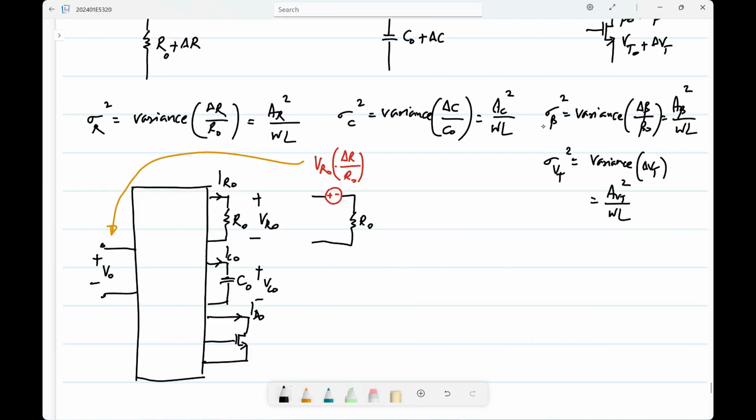Similarly, for the capacitance, what would it be? Let's say we do this in the Laplace domain. You have the nominal capacitance C naught. What is that additional source?